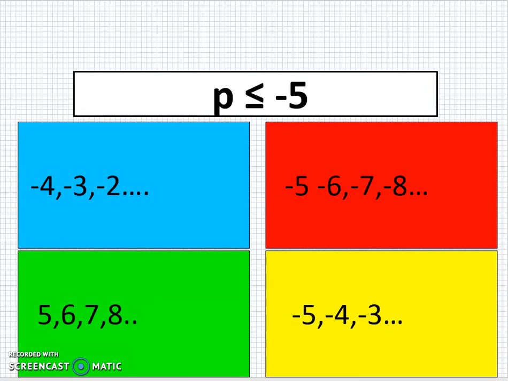So this one here, have a little think about it. So p is less than and equal to negative 5. So less than and equal to negative 5. So the answer here must be the red one.